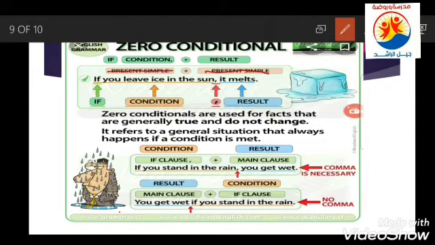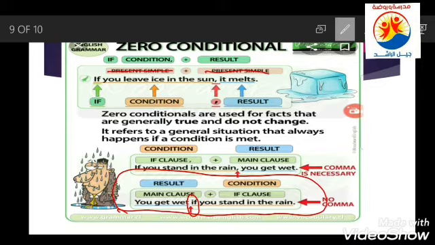If you leave ice in the sun, comma, because I start with the if condition, so the result: it melts. Sometimes the result comes before the condition. So the result: you get wet if, in the middle, so I don't use a comma, you stand in the rain. If you stand in the rain.